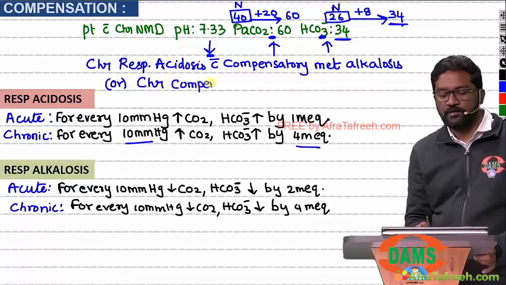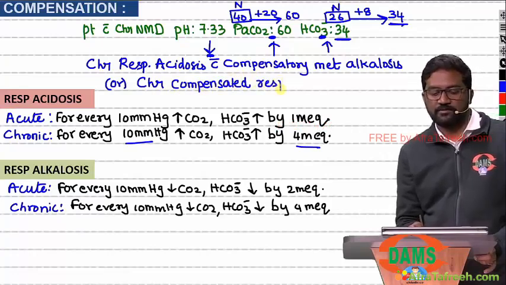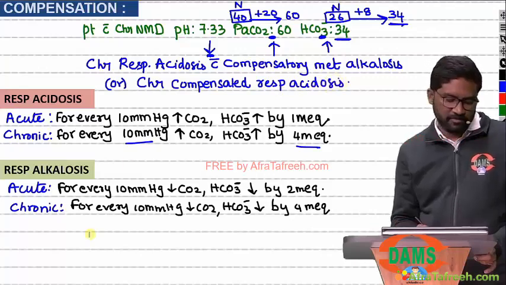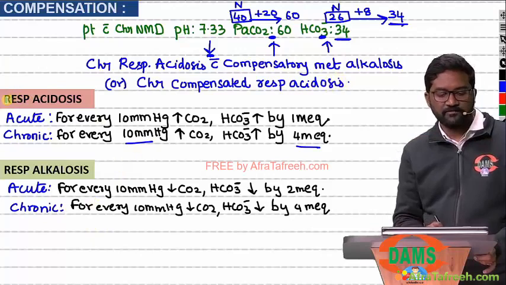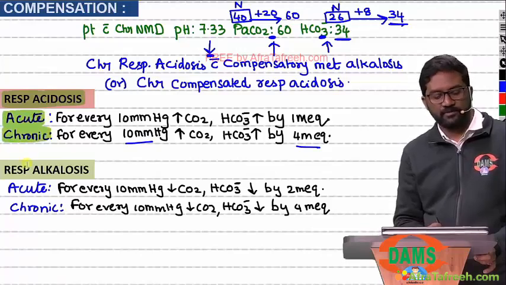Yes. And if you want to write one disorder, it should always be the primary disorder, or it can be just written as chronic compensated respiratory acidosis. So in very simple words, in a question, if you identify primary respiratory acidosis, you should calculate compensation with one of these formulas.